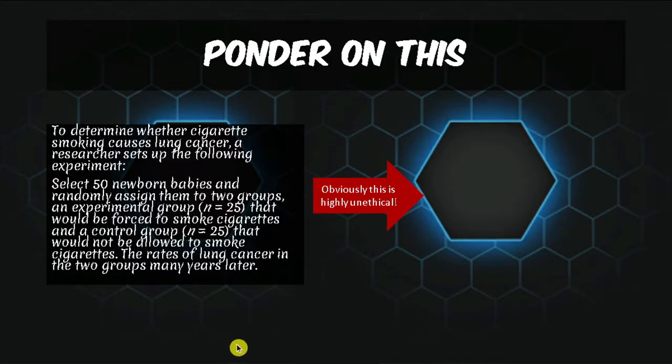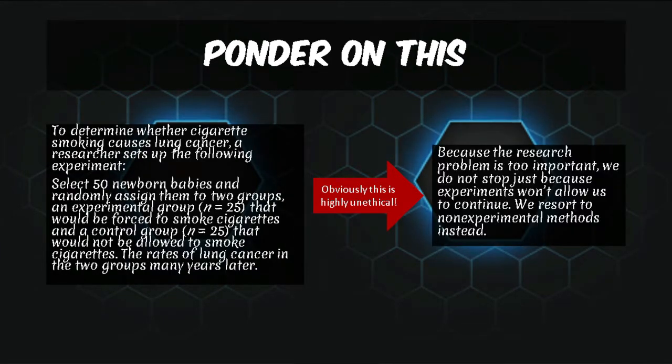So even if this is a description of a true experiment, the design is following one of the true experimental designs, the research becomes unethical. So what do we do now? Because it's highly unethical, we won't be able to conduct this experiment. Are we going to stop? Because the research is highly important, very important. The answer is no. We have to resort to another design, for example, a non-experimental design.